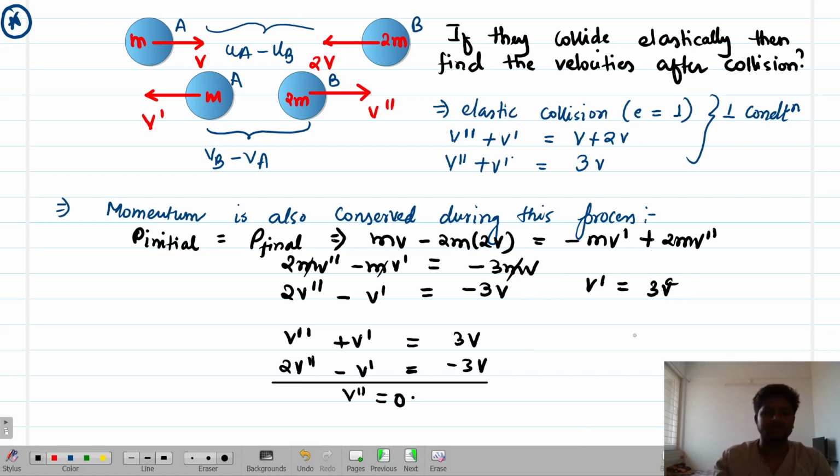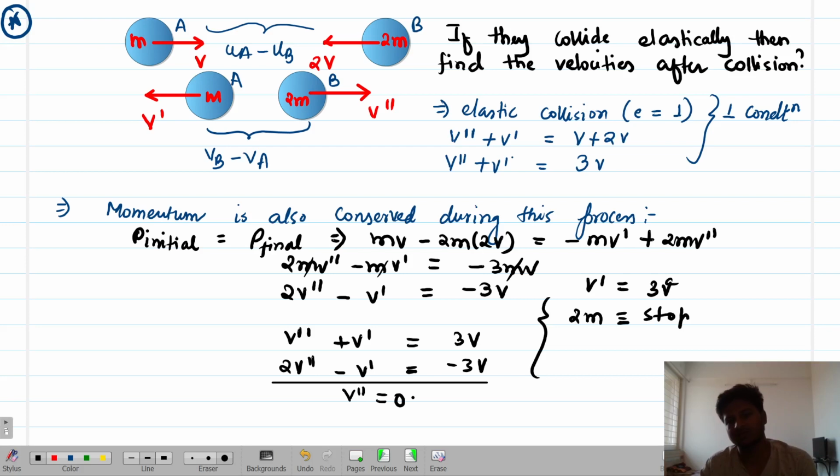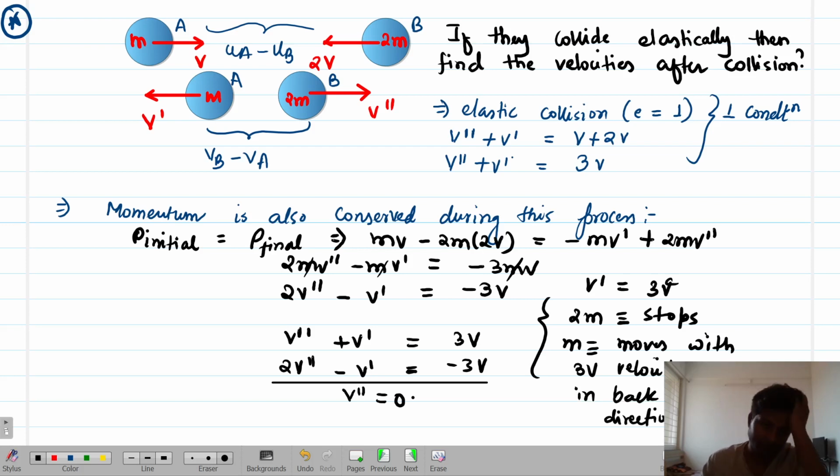So that means that after the collision, 2m stops, while m moves with 3v velocity in the backward direction. Is that clear? Are you able to get me?